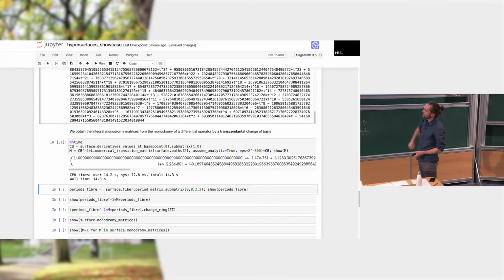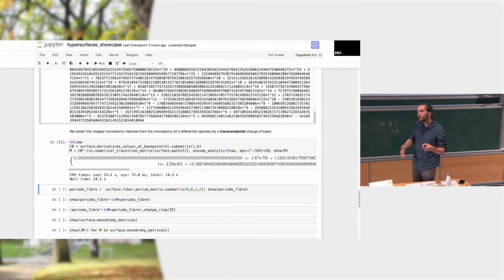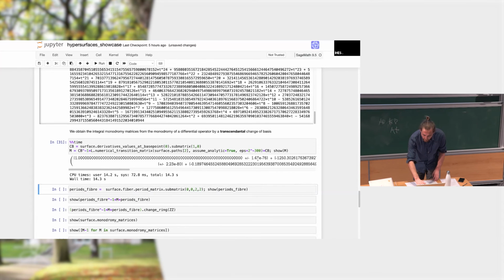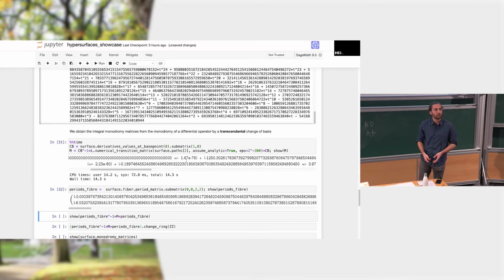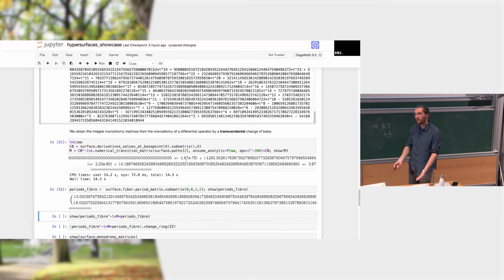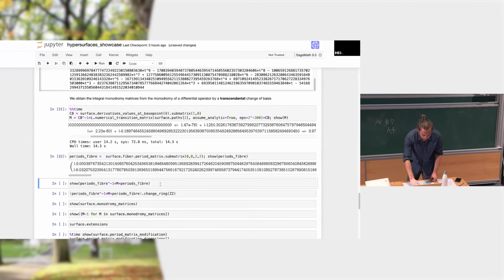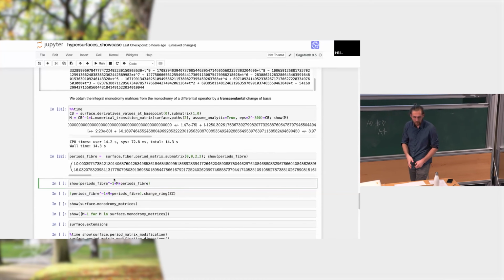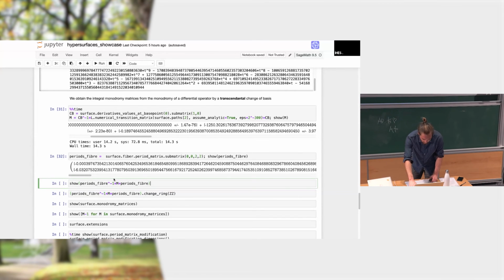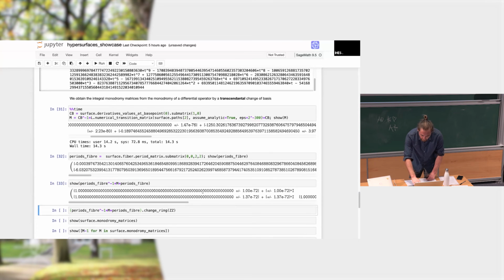And in the end, you get this 2x2 matrix, of which the entries are a priori transcendental. Here I've computed them with roughly 80 digits. What I've been telling you is that this matrix also represents the action of monodromy on the homology. And the dictionary to understand it in terms of integral coefficients is precisely the periods of the fiber, which means that if I compute the conjugation of this monodromy matrix by the period matrix of the fiber, I should get integer coefficients.